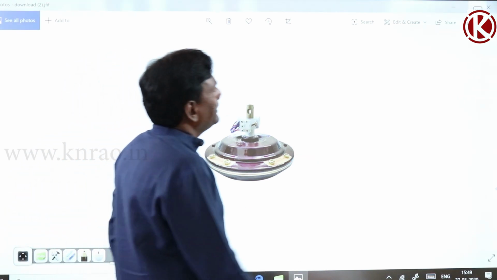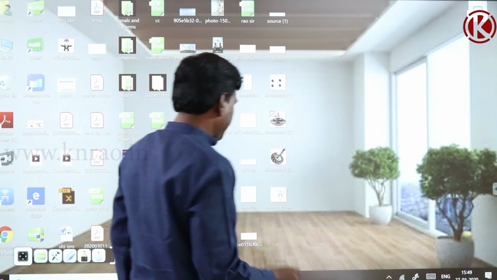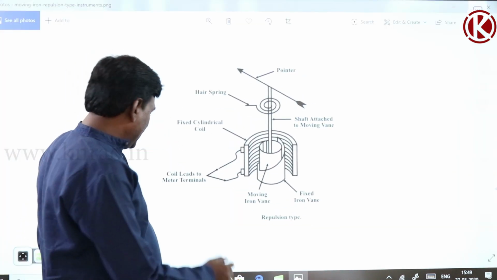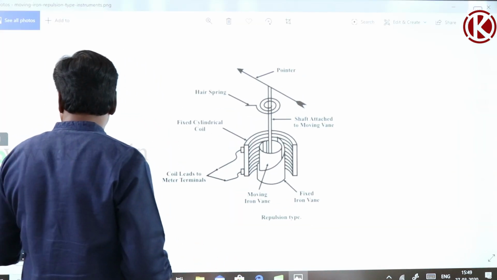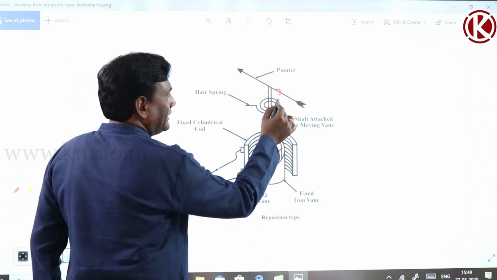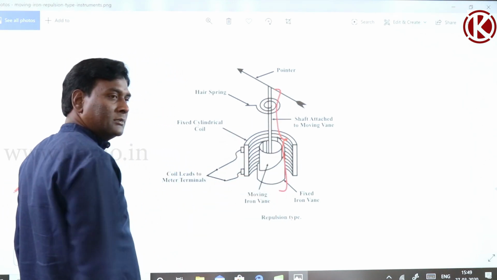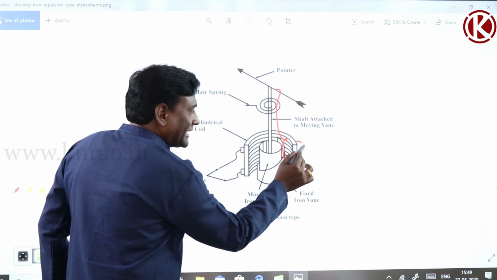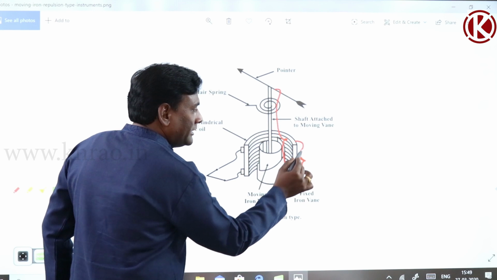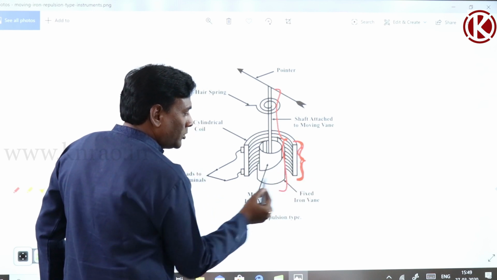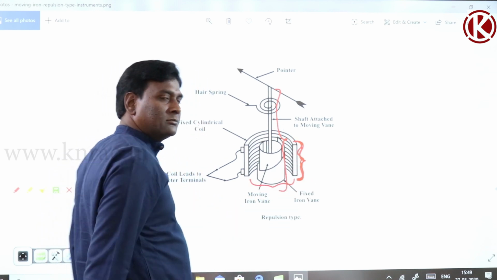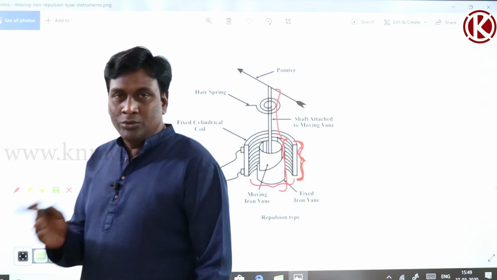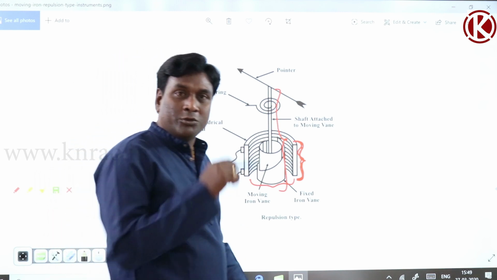Now next, if I see this moving iron, length of the shaft is more, or at least the active length from here to here is more, and diameter should be less, because it's a measuring instrument.